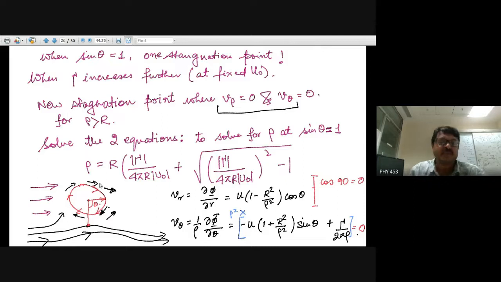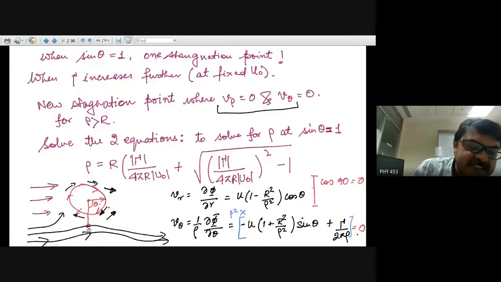Then you use the Sridharacharya formula, the formula for solving the quadratic, and if you put in the terms and rearrange, you will get rho at which you get the stagnation point. It's just a quadratic equation.